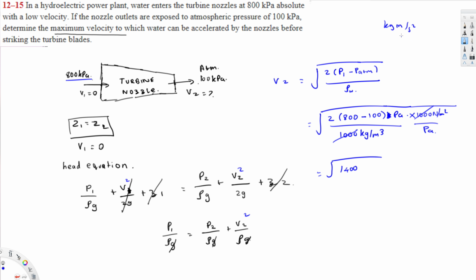Since we have meter squared here, this will give us meter to the minus 1, divided by kilogram per meter cubed. Kilogram cancels, and you will get meter squared per second squared. So that gives us 37.4 meters per second, and that's the velocity it's going to go out with, and that is what they are asking, right?